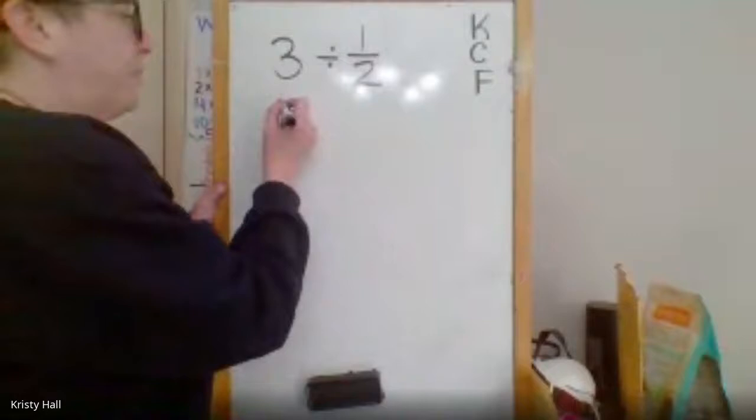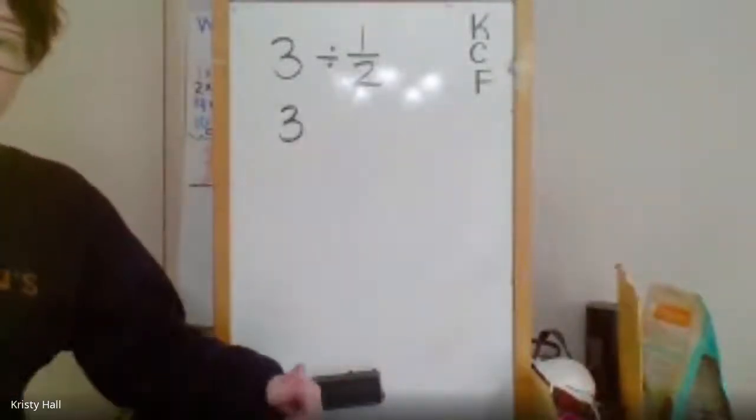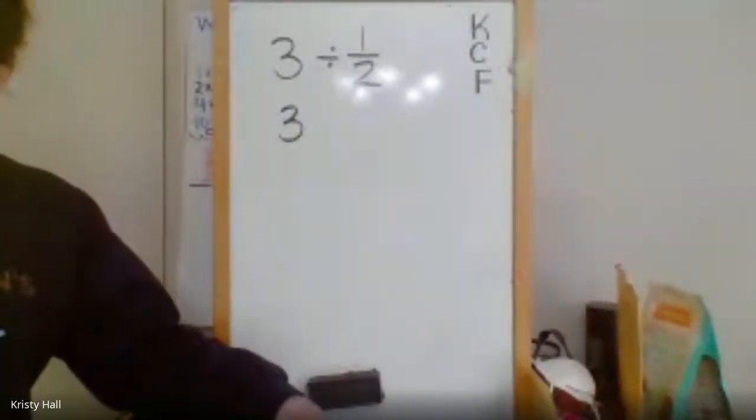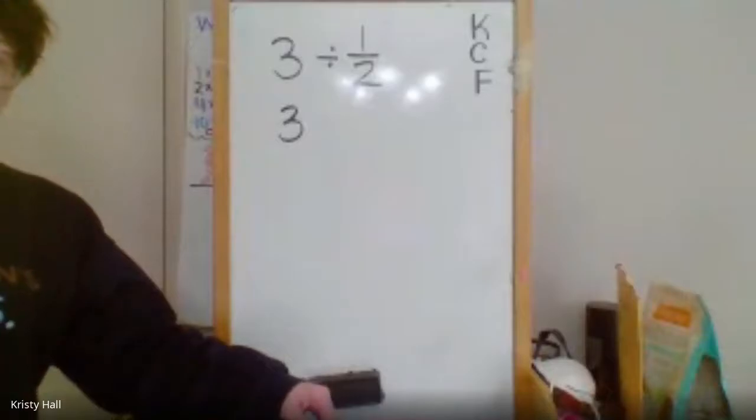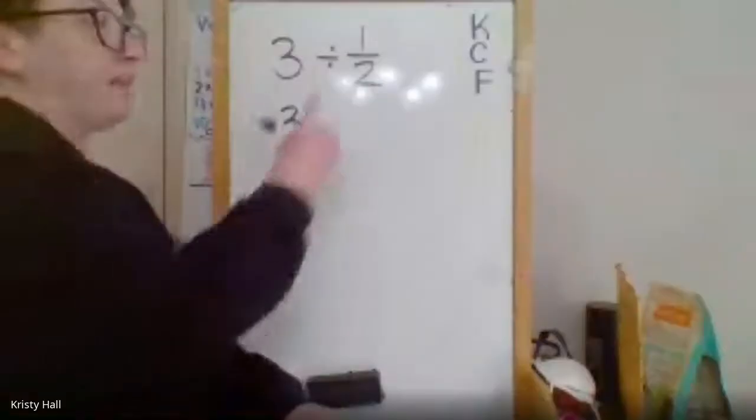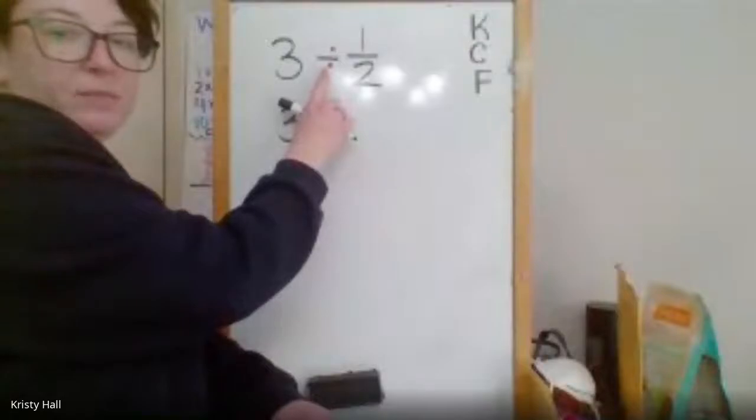So you keep that. Perfect. And then the next one is change. So what does that mean I do? You change the fraction. I'm not ready to change the fraction yet. What comes before the fraction?